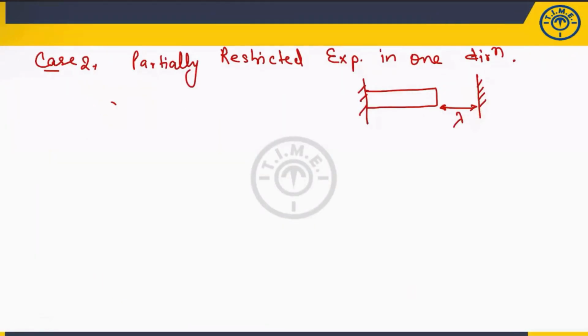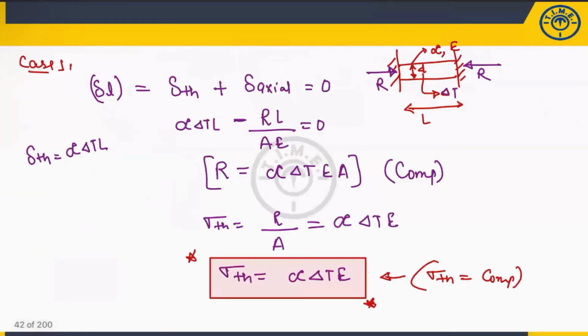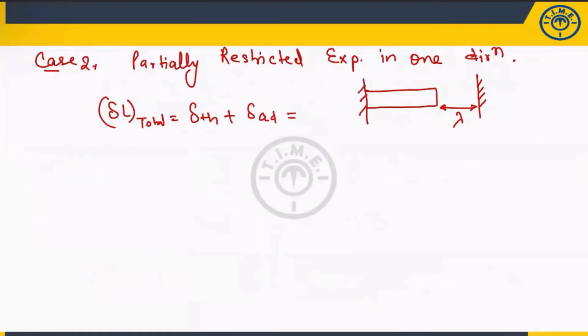Okay. So the total deformation, can I write, is equal to thermal deformation plus axial deformation. Same thing, thermal deformation and the axial deformation. Now instead of 0, what you will keep? Lambda. Lambda is how much amount of elongation you are allowing. Okay. What is thermal deformation? Very simple.